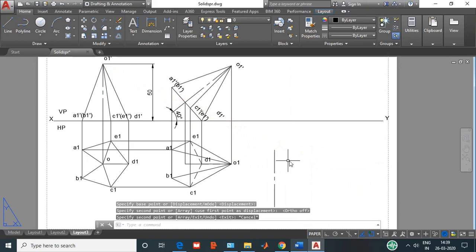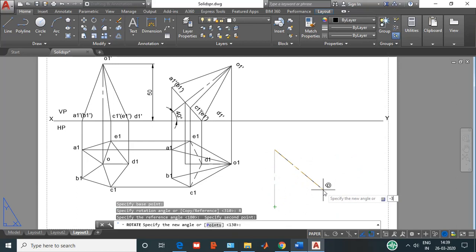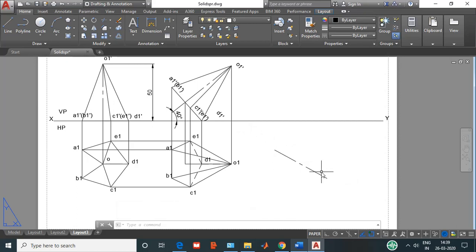This should be inclined at 30 degrees, so I'll select this, rotate with this point as a fixed reference, and give angle minus 30. So in the software I just copied the axis and rotated it to 30 degrees.